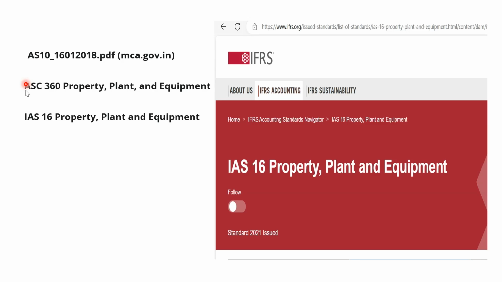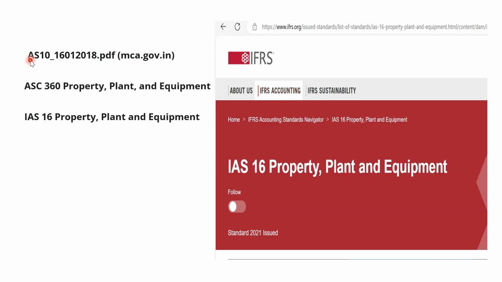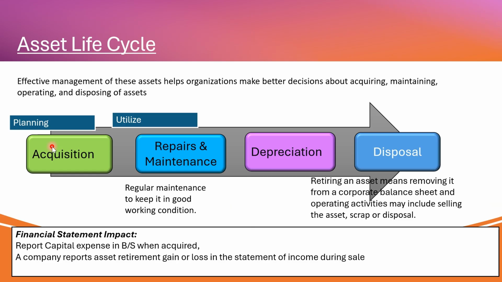Remember, these are only about property, plant, and equipment. Likewise, every line item will have its respective standard. These are the standards you can refer to, which will tell you the definition, the criteria, and the depreciation method. All that you will be able to get to know.